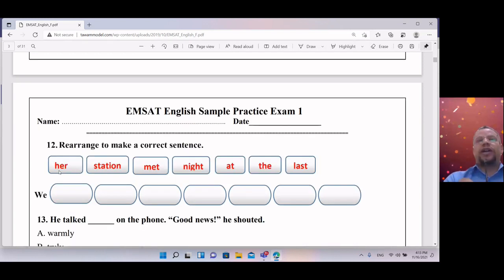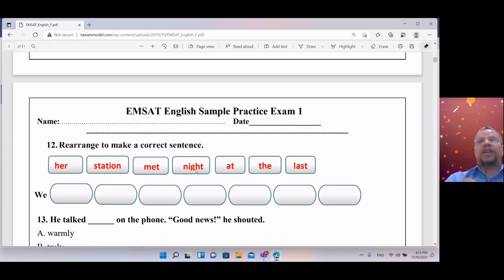Last one in the reorder sentences. Her, station, met, night, at, the, last. And we have a subject, we. We need a verb after the subject. Where is the verb? It's met. Okay, we met. When you meet, that means you meet someone. Okay, we met. We met who? We met her. Okay, we met her when?